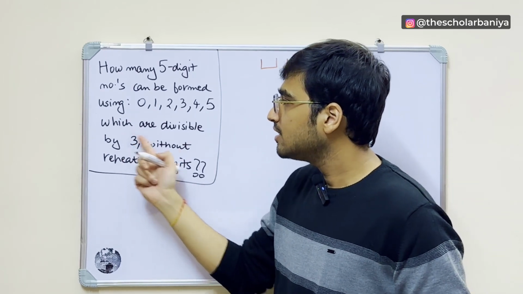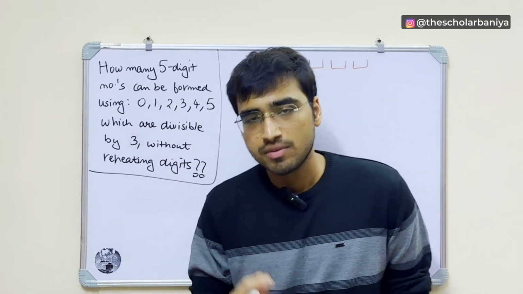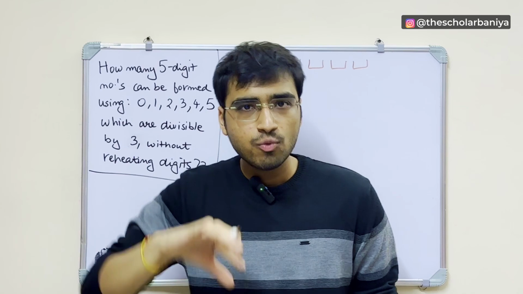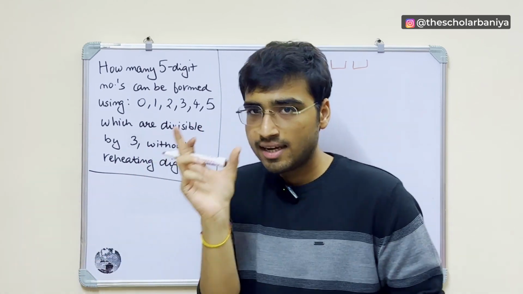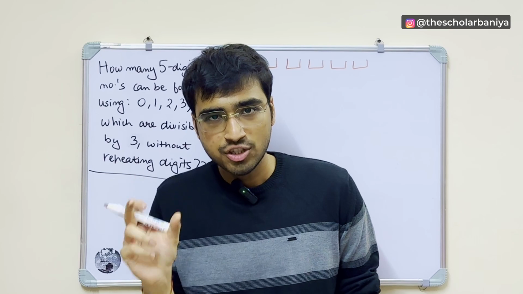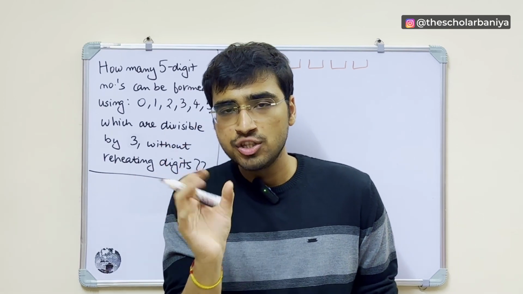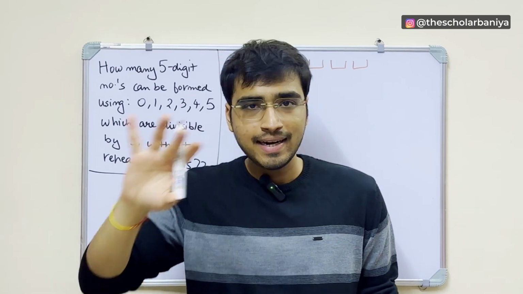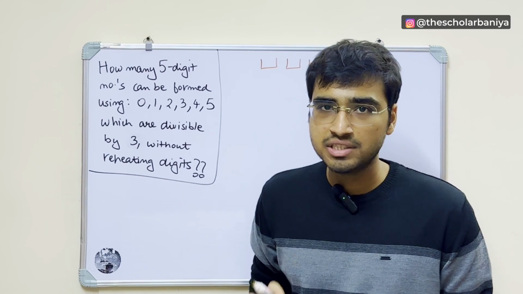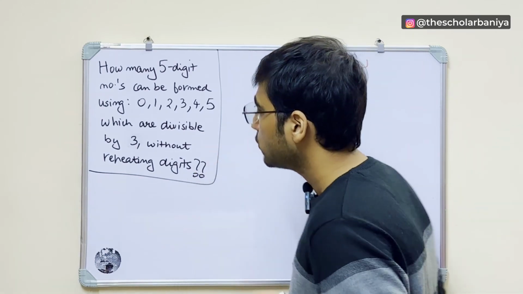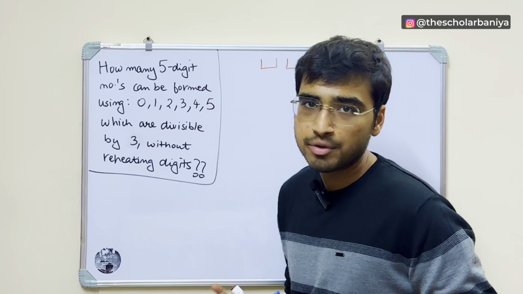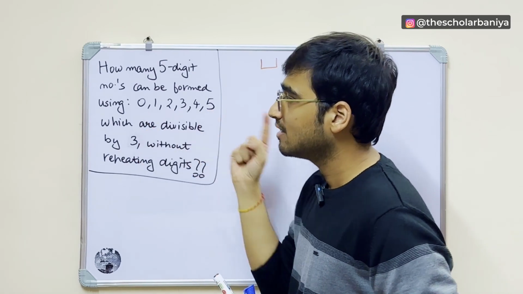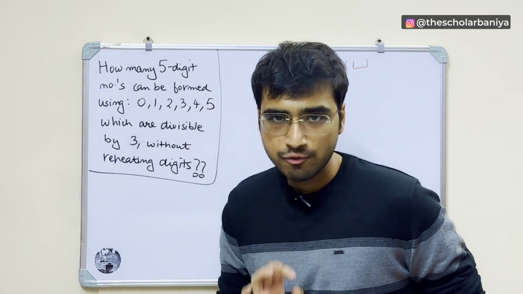Secondly, it should be divisible by 3. So first tell me, how do you check divisibility by 3? You take a number, you add all the digits, and if the sum of the digits is divisible by 3, then the entire number will be divisible by 3, right? Because we have to form a 5-digit number, out of these 6 digits we have to take 5 digits.